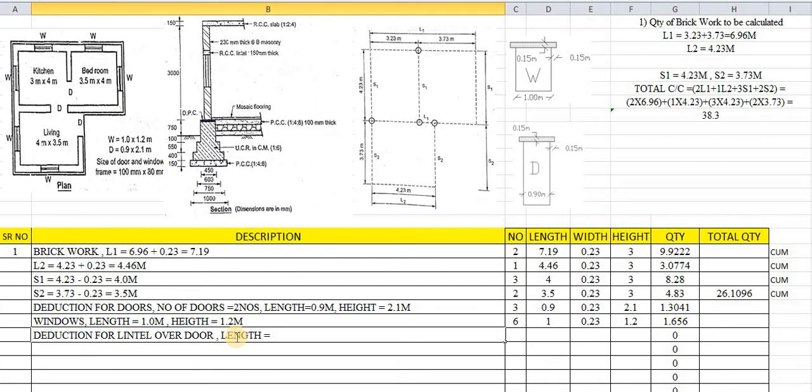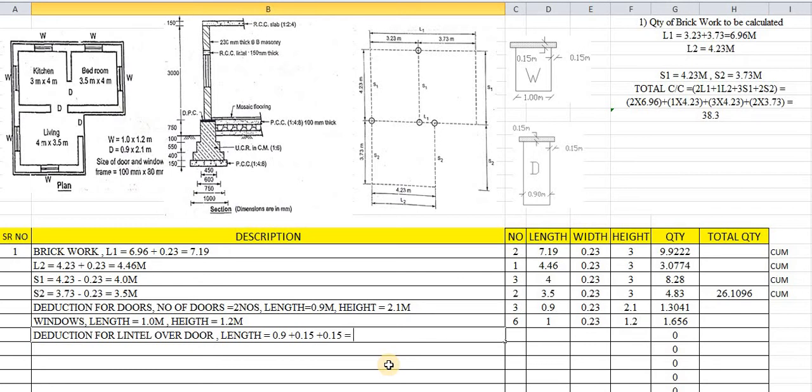The length of the door is 0.9, plus the extra bearing required: 0.15 on the right side and 0.15 on the left side.